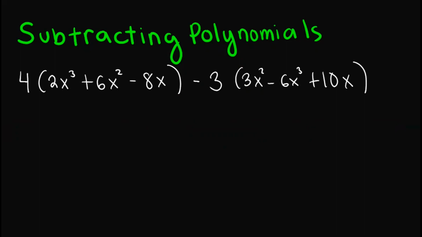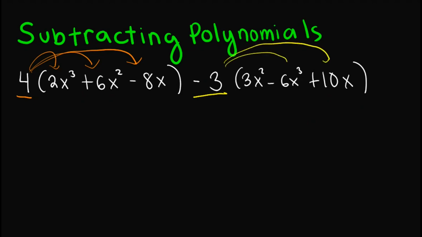So the key is, when we have a coefficient out here, we distribute it to each term in the polynomial beside it. But for this one, since there is a negative sign out here, we also distribute the negative sign to each. So it's like distributing negative 3 to each term in the polynomial.